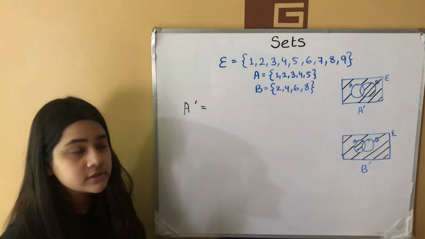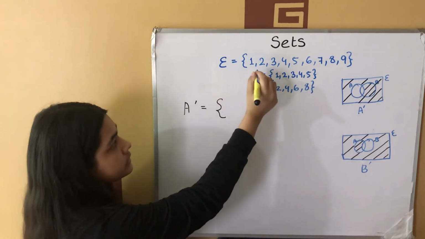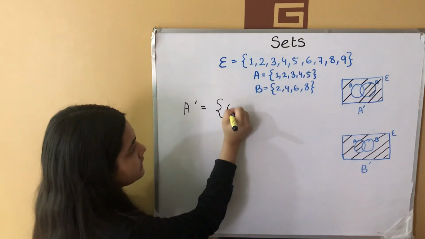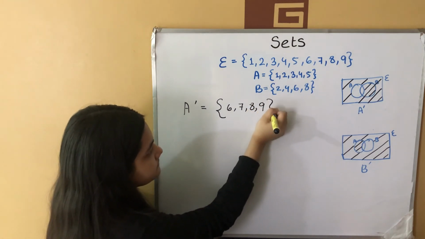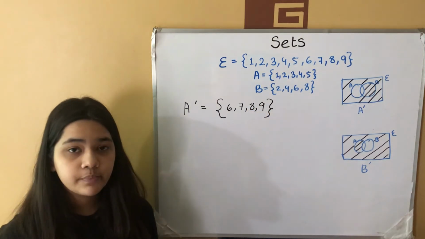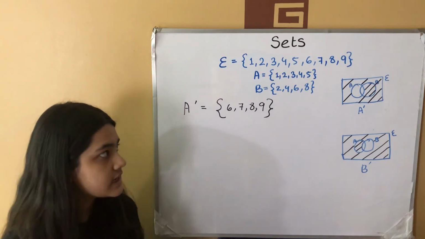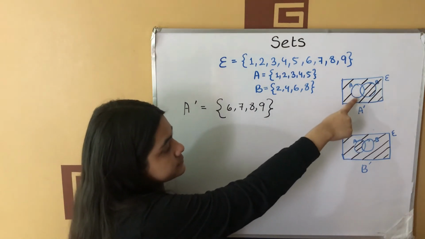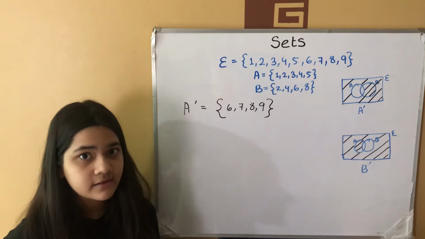So the complement of set A will contain the rest of the elements which are not in A. Here 6, 7, 8 and 9. To represent the complement of set A in this Venn diagram, all the areas except set A will be the complement of set A.